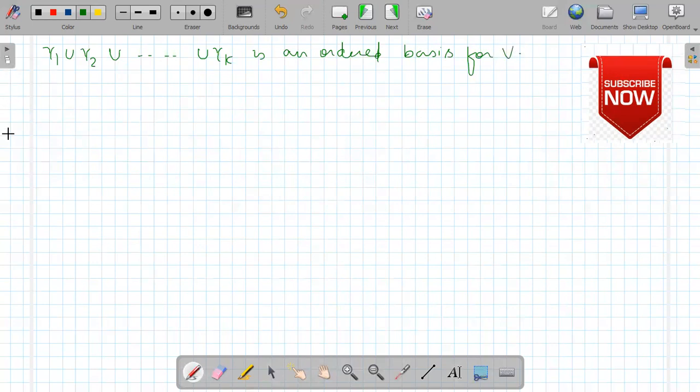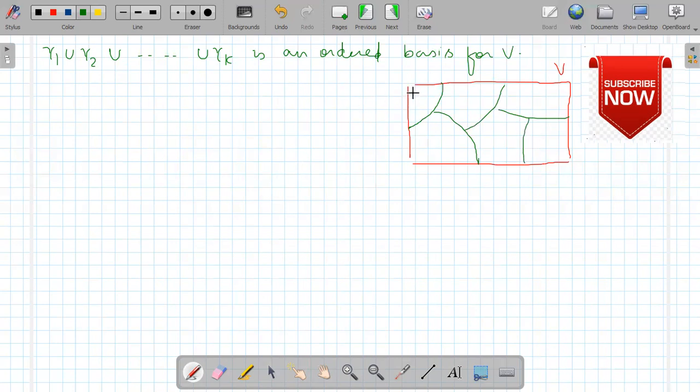To understand this, let's draw a figure. Suppose we have this vector space V, and we have some subspaces of this vector space.